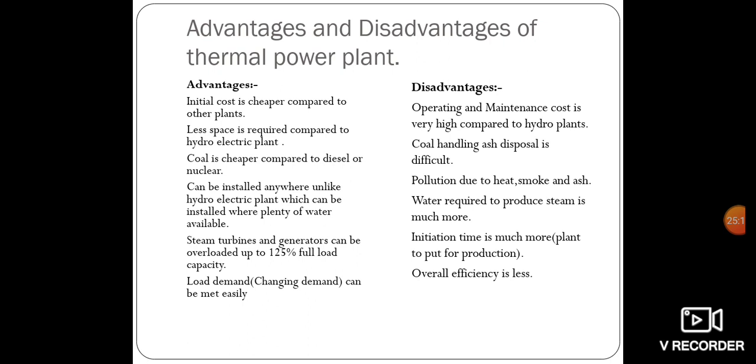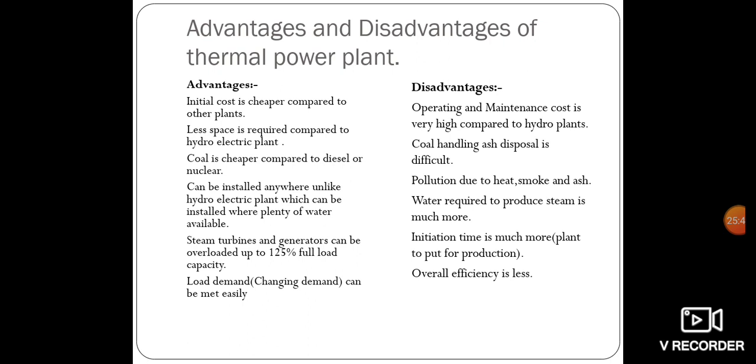space. Coal is cheaper compared to diesel or nuclear. So compared to diesel or nuclear power plants, the coal power plant is cheaper. It can be installed anywhere, unlike a hydroelectric plant, which can only be installed where plenty of water is available. Coal plants can be installed anywhere required.